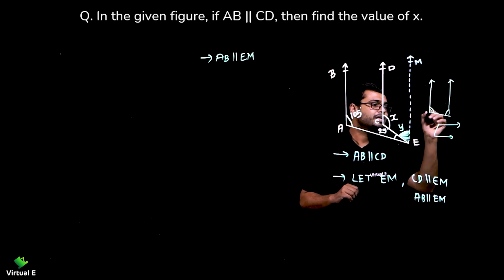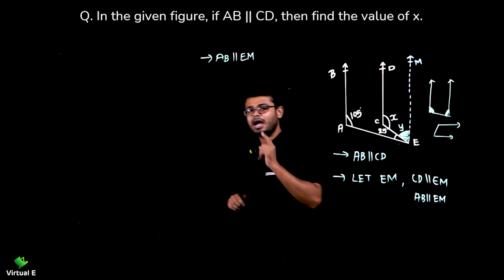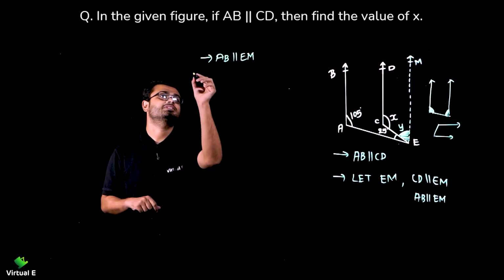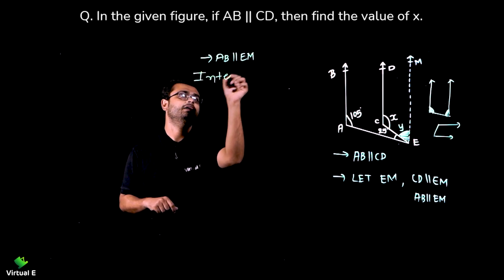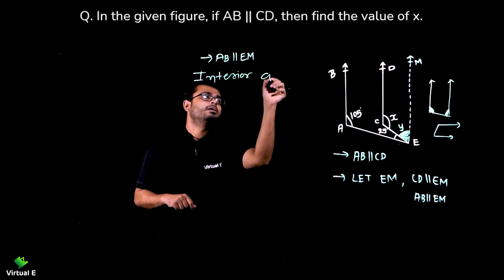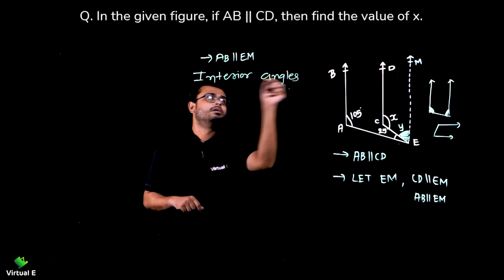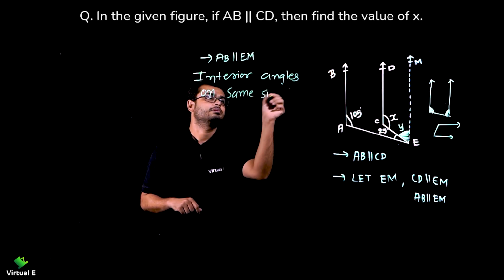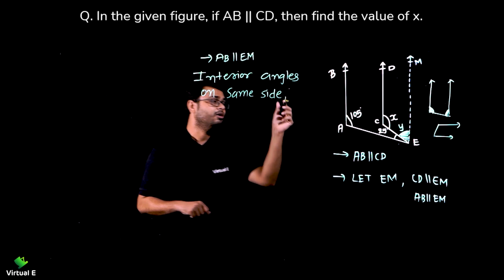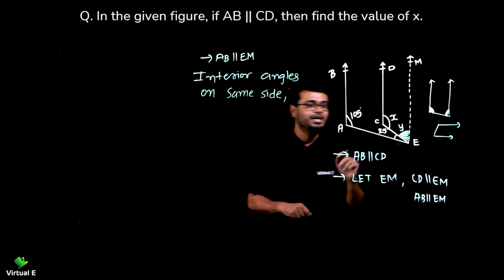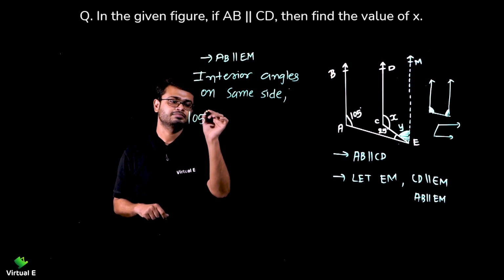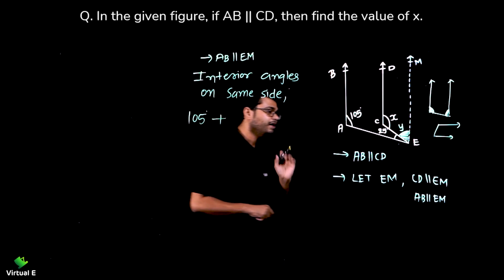So in that case, we can say that these two angles are IASS, interior angles on same side. If I add those angles, what am I going to get? 180. So let's write here 105 plus, and again we need to be attentive.